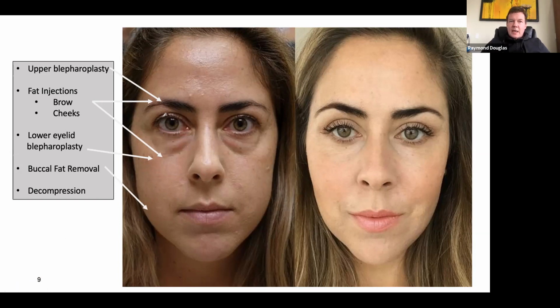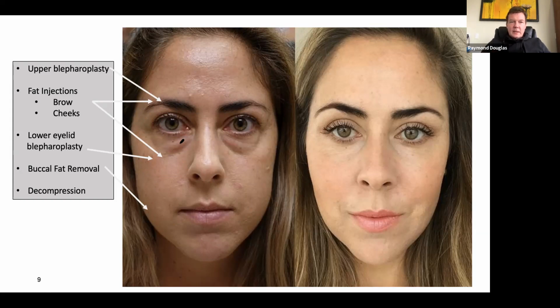So this patient had an upper lid blepharoplasty, just removed a little bit of skin, very straightforward. Just wanted to show off some more of that eyelid platform and let this eyelid come down just the tiniest bit. Fat injections through into the brow and into the temple and into the cheek. That was just to allow more youthful fullness to the cheek area.